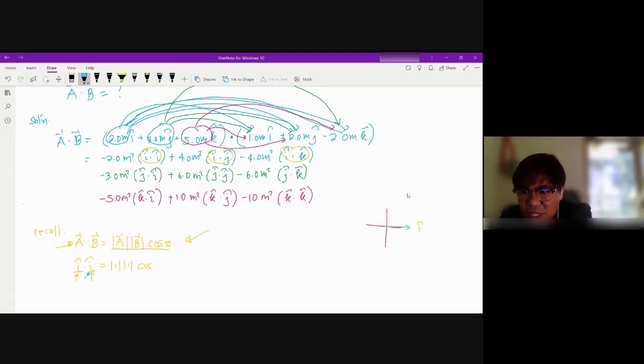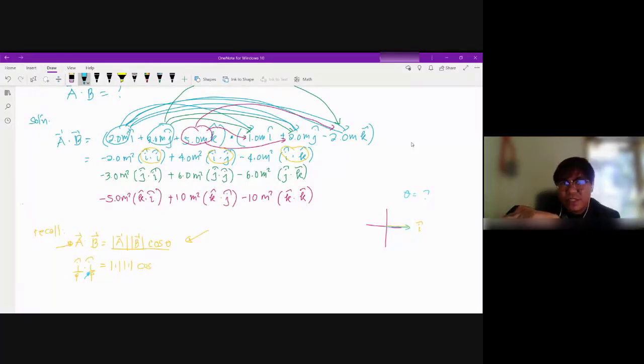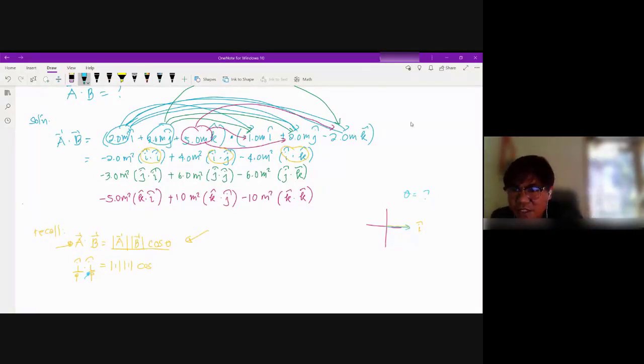So now the question is, what is the angle between the two? The two unit vectors lie entirely on the same line, overlapping. Earlier, with vector A and vector B, the angle between the two was theta.